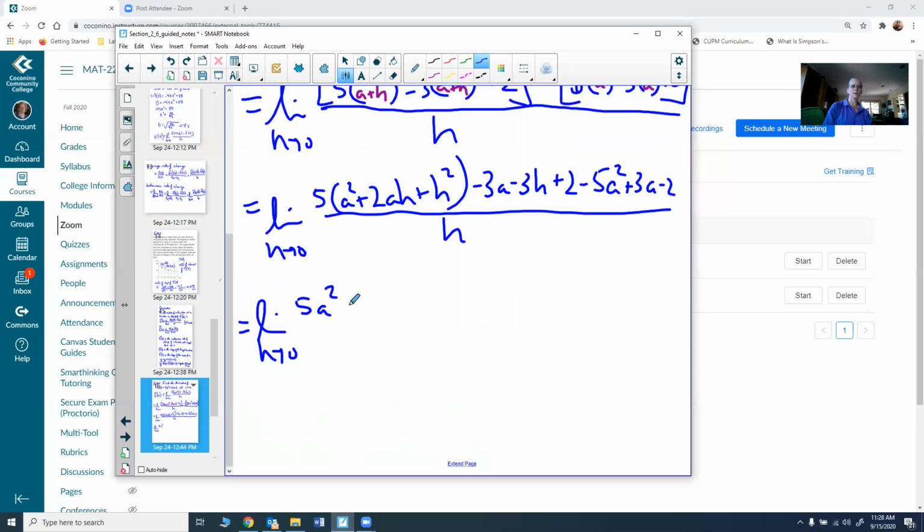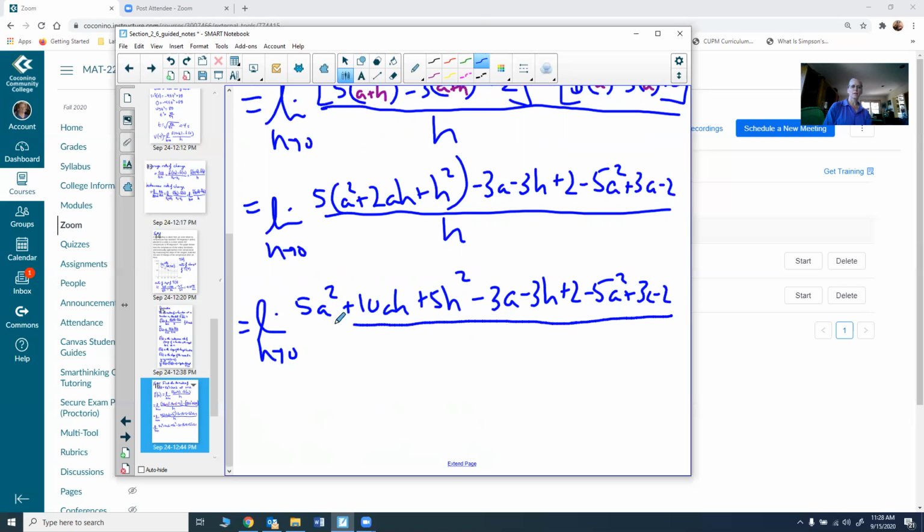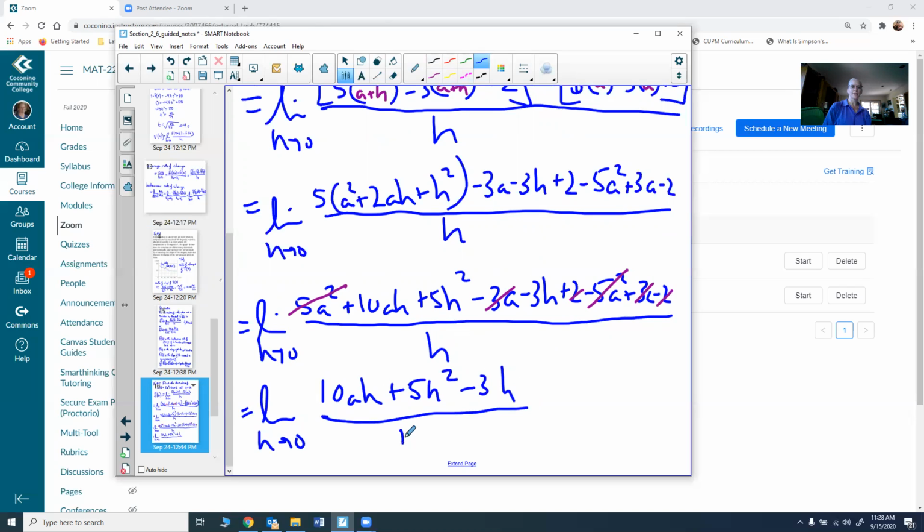So you've got 5a squared plus 10ah plus 5h squared minus 3a minus 3h plus 2 minus 5a squared plus 3a minus 2 all over h. Again, you're going to collect like terms. You've got the 5a squared and the minus 5a squared, the 3a and the minus 3a, the 2 and the minus 2. So you've now collected your like terms, and I've got 10ah plus 5h squared minus 3h all over h.